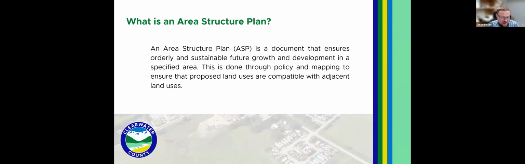So, what is an area structure plan? An area structure plan is a document that ensures orderly and sustainable future growth and development in a specified area. This is done through policy and mapping to ensure that the proposed land uses are compatible with adjacent land uses.